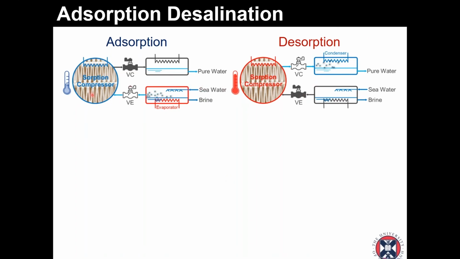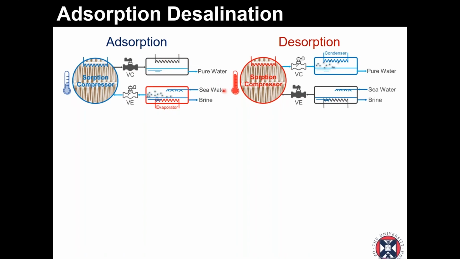It is composed of three units. The sorption compressor, we call it sorption compressor, or sorption bed, where we have our adsorption material, is connected with a condenser and an evaporator. Each one of these two vessels has a heat exchanger.